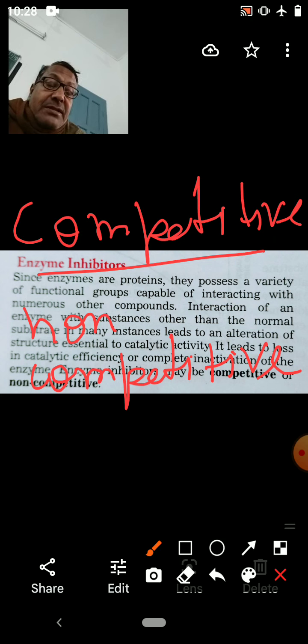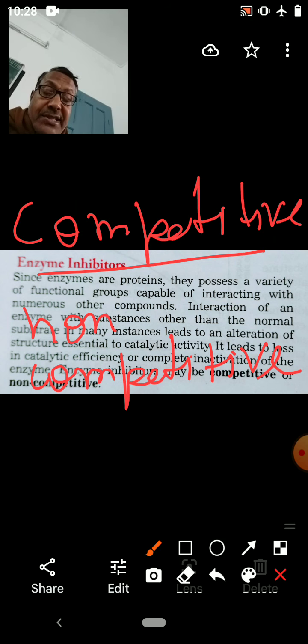After that, it gives the product fumaric acid. But there is an inhibitor, malonic acid, and the structure of malonic acid is similar to succinic acid.